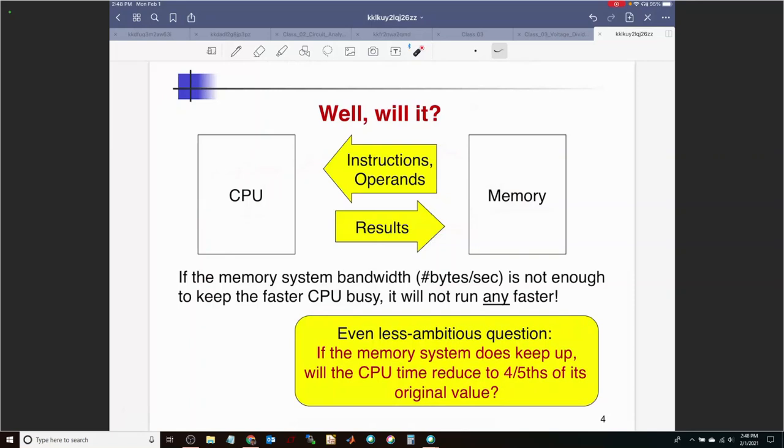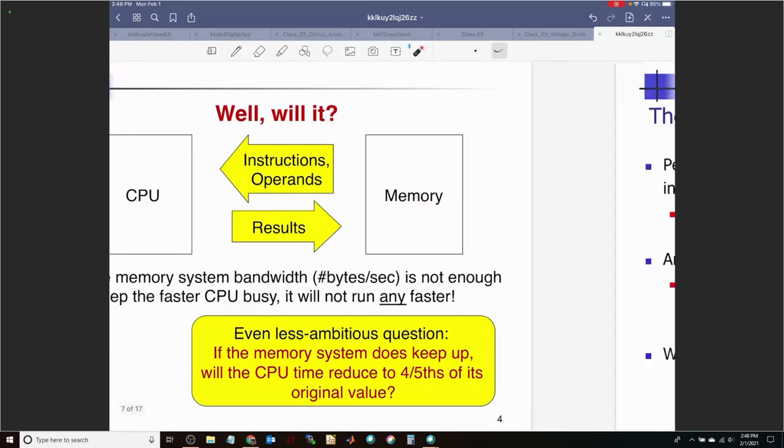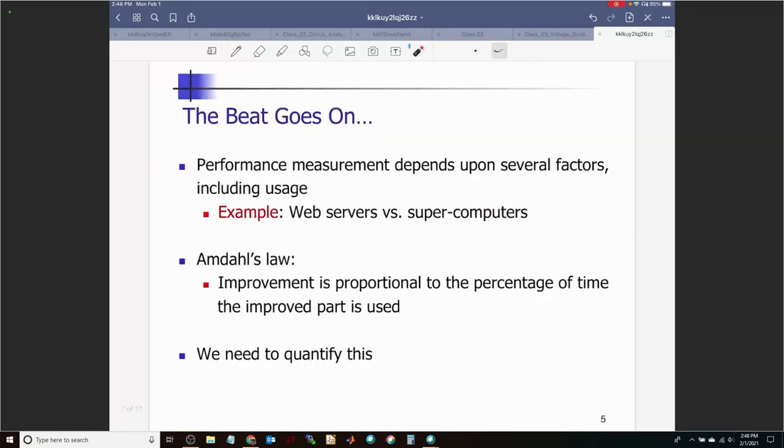Let's try to answer a lesser ambiguous question, which is, if the memory system does keep up with this faster CPU, then will the CPU time reduce to 4/5 of the original value? Well, maybe yes. So this kind of looking into other aspects of a computer keep going on.